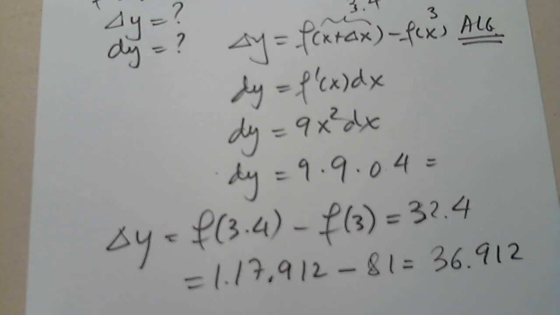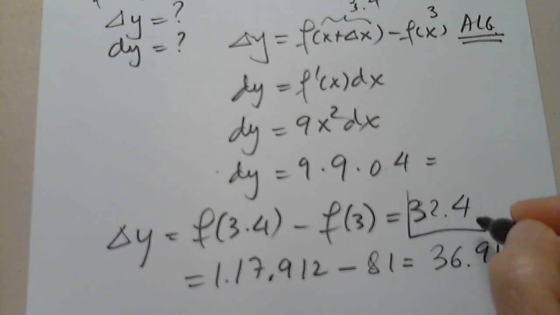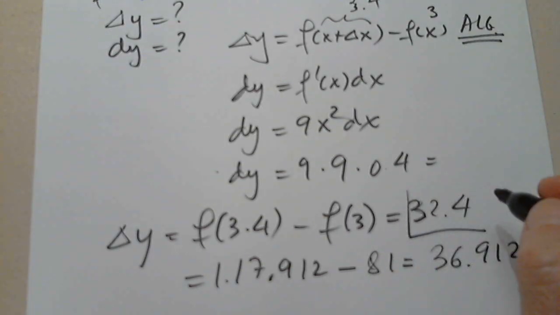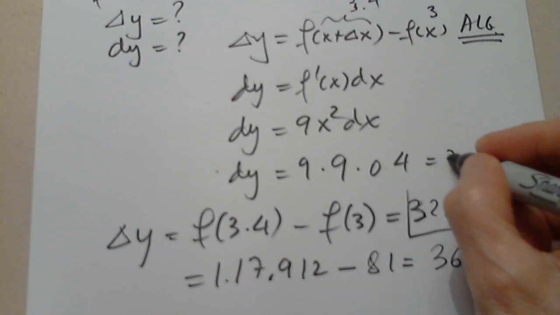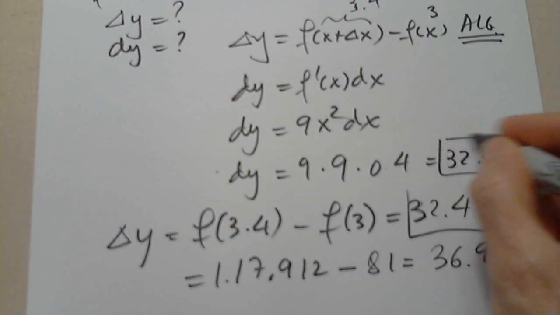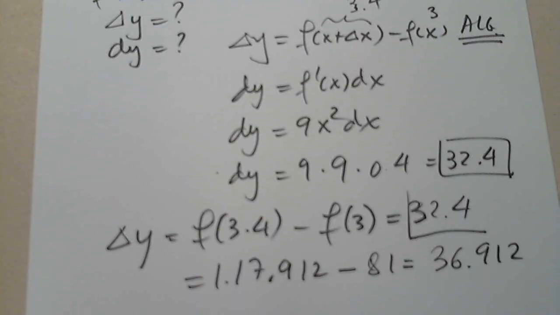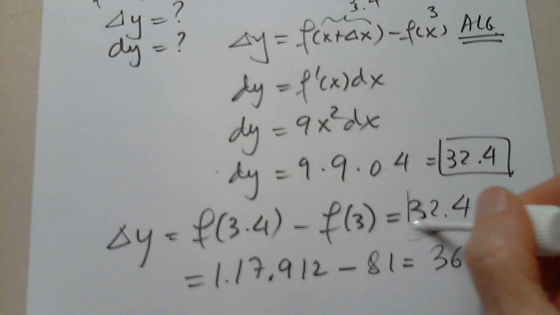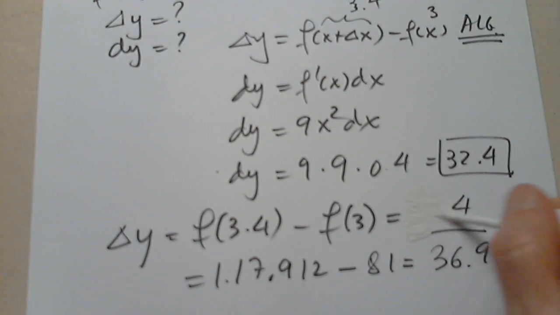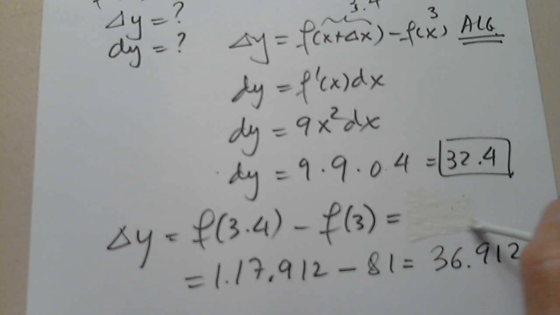And that's final. So delta y is 36.912, and dy is 32.4.